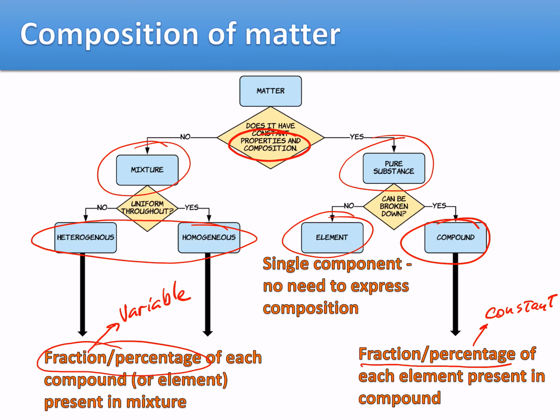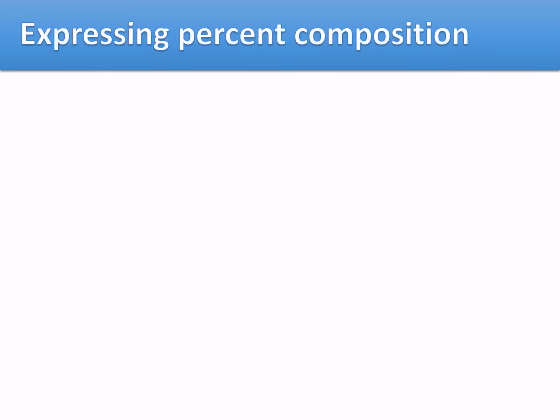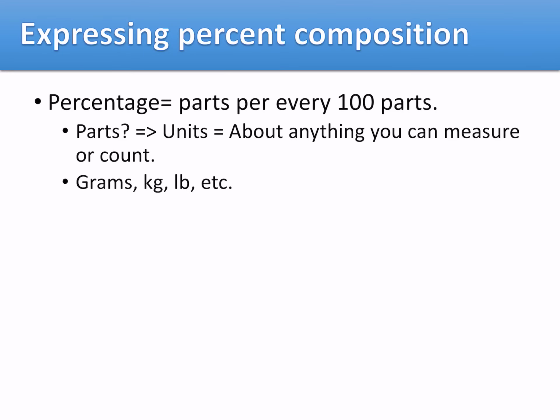Okay? So let's jump into the deep end of the pool. How do we do this? Expressing percent composition. What is a percentage to begin with? Percent composition, or percentage in a more general term, is parts per every 100 parts. Those parts will have some units, and the units could be anything that you can think of, anything you can measure, anything you can count.